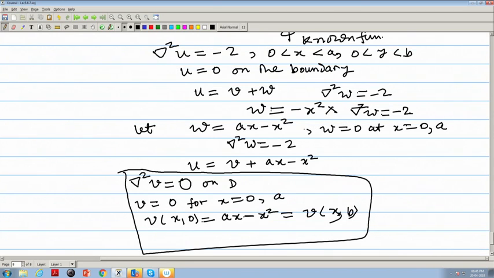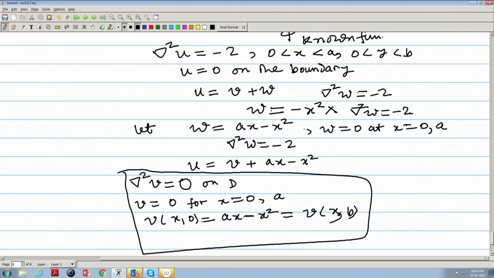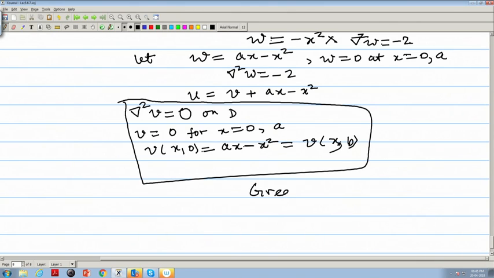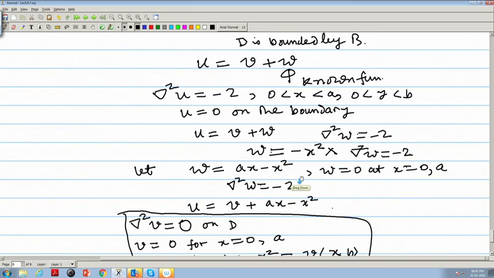But in many complicated or practically applicable problems, we may not have those readily available solutions. In that case, we have to rely on the integral transform techniques, which will be discussed next. And prior to that, what we will be doing is the Green's function technique.